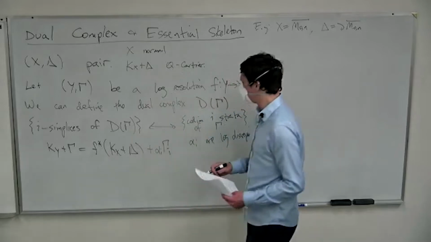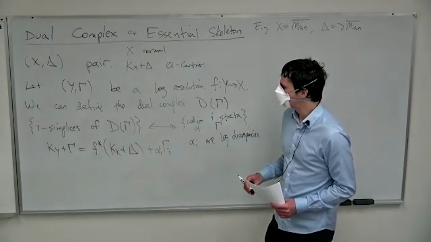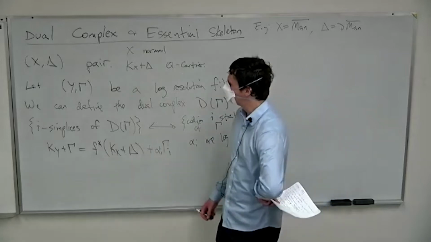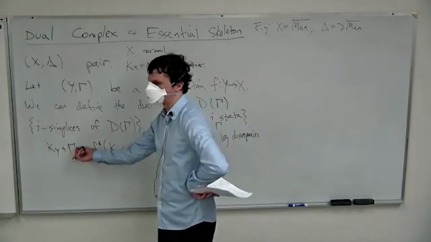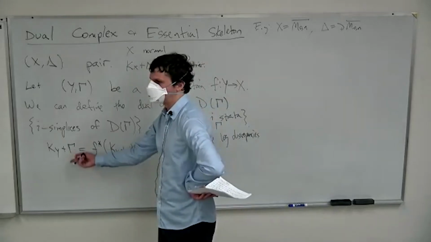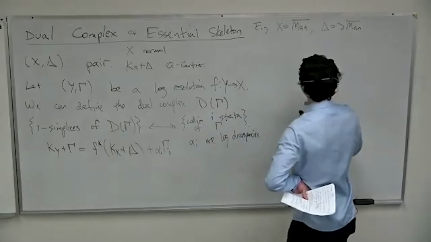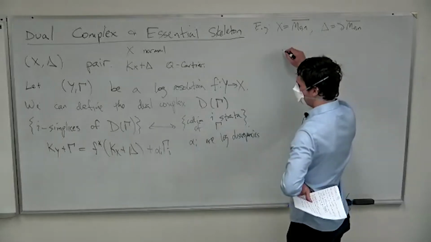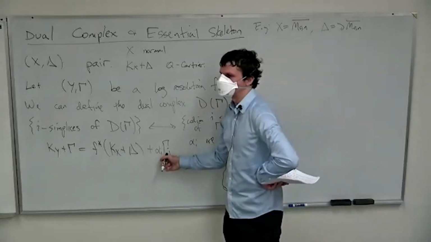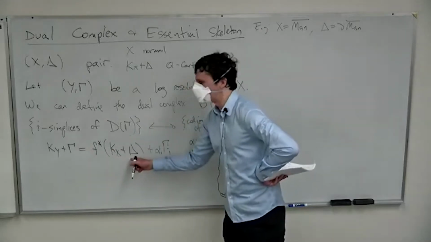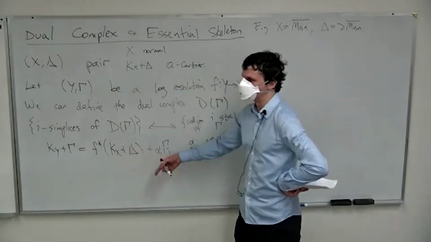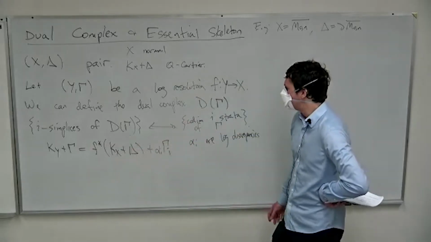Gamma is the strict transform of Delta plus the exceptional divisors. So the Gamma_i are either exceptional or they're components of the strict transform of Delta.